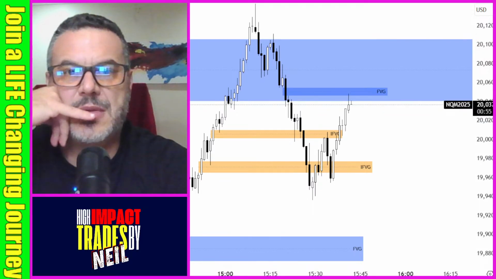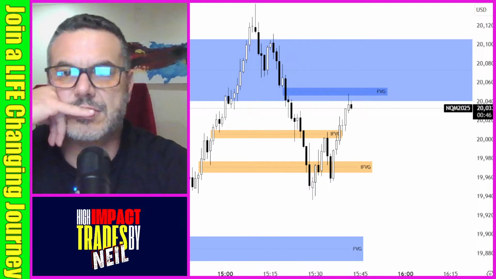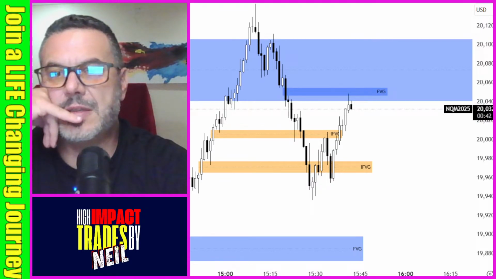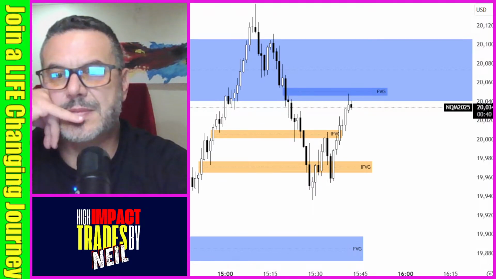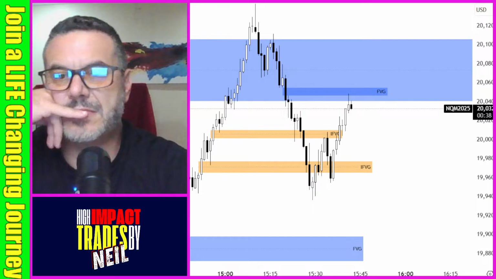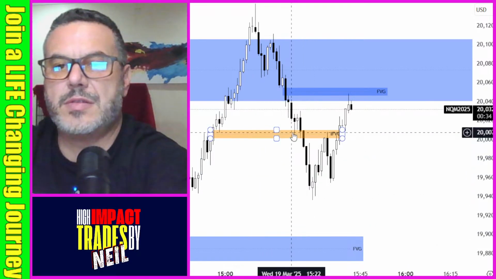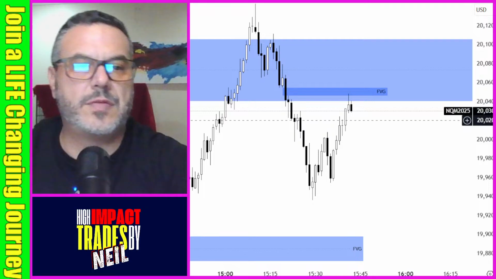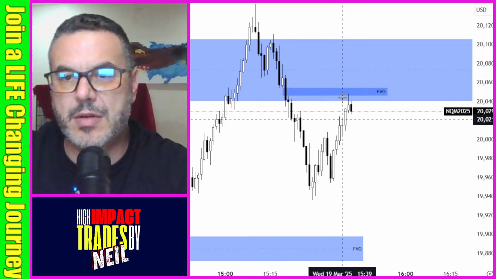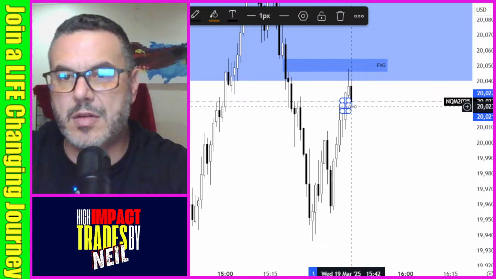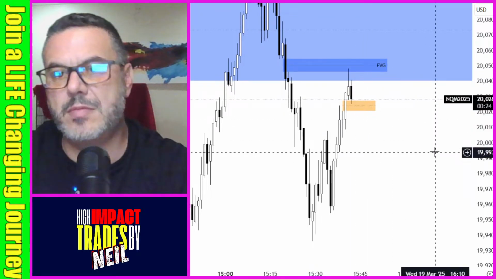So much manipulation. If it drops from here, that would probably be one of the good entries, but alright, taking this off, this is the new gap. This one here, let's see.